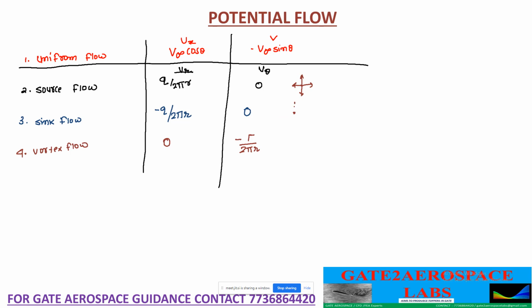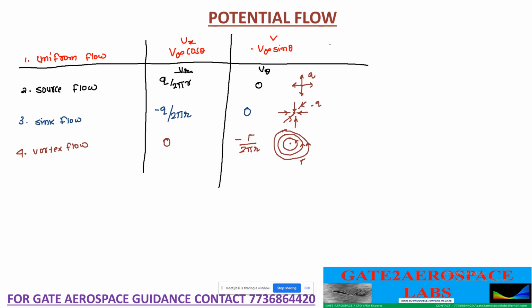Sink flow I have indicated like this. And the vortex flow I have indicated something like this. These are circles. Strength of tau, this has a strength of q, this has a strength of minus q.